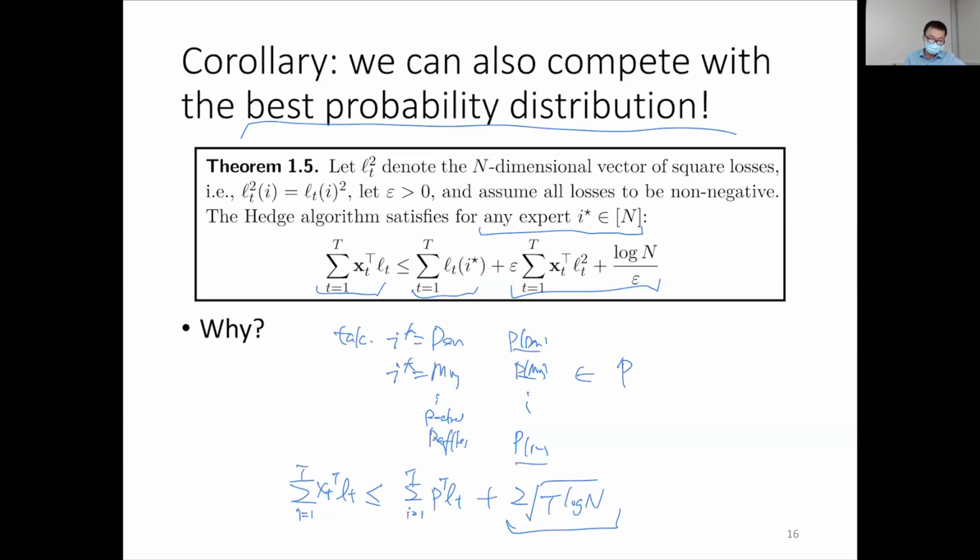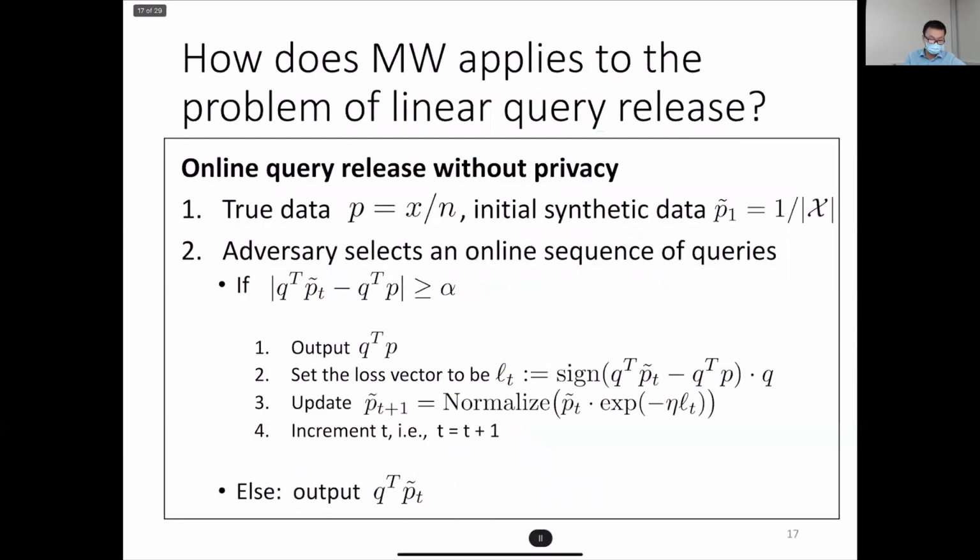Okay, now with this corollary, let's try making use of this to apply to the linear query release, and we'll do that one step at a time. Let's do that first without adding the privacy constraint. Since the multiplicative weight update, or the Hedge update, operates on strategies that are fractions between 0 and 1, it operates on a probability distribution.